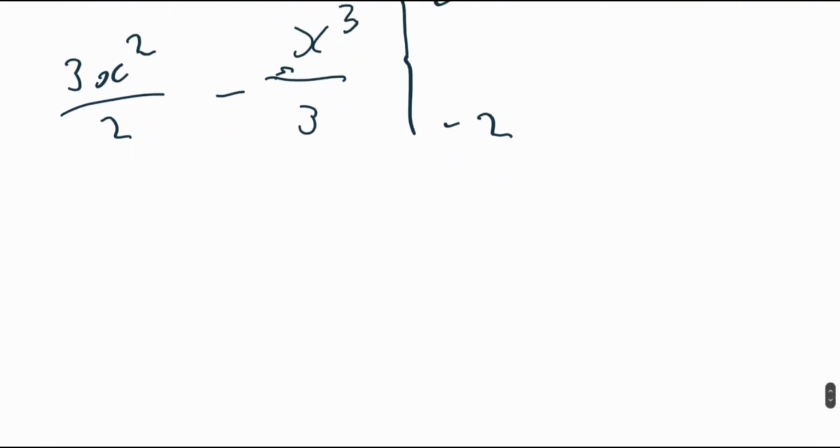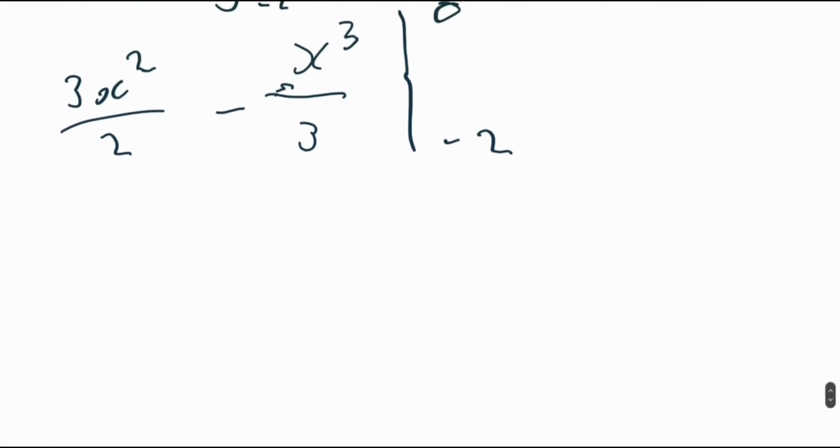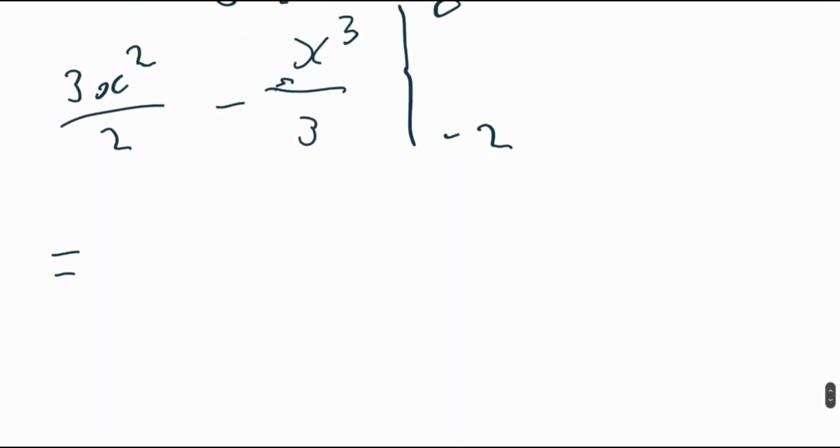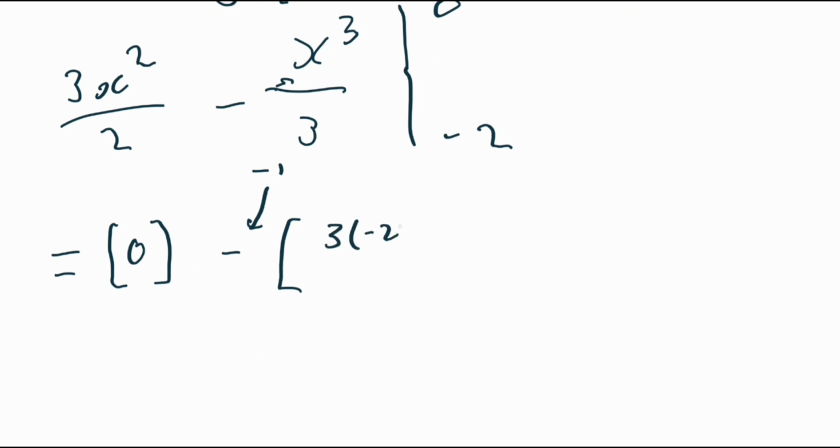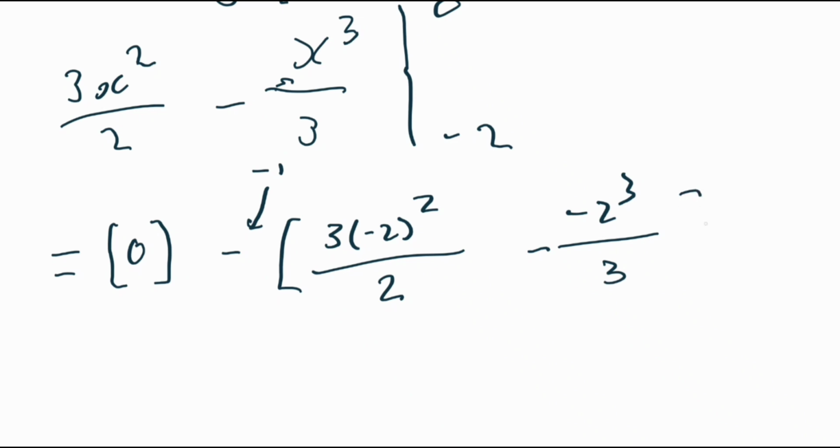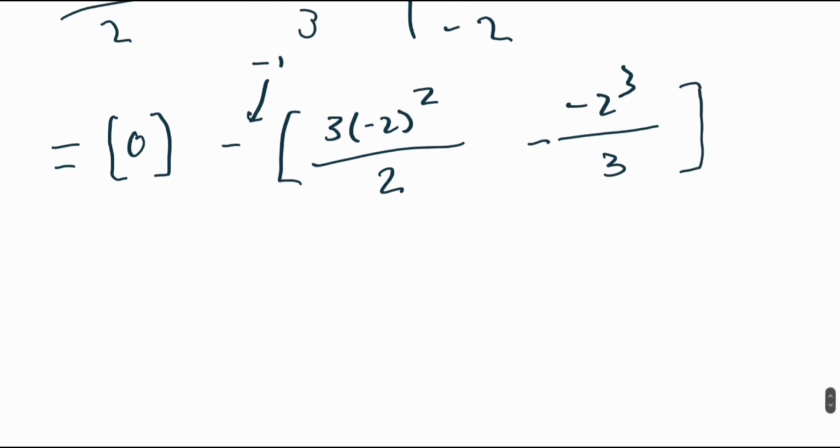Great. Now, this is going to equal 0 minus, remember this minus is like a -1, minus 3 times -2 to the power of 2 over 2 minus -2 cubed over 3. Perfect.